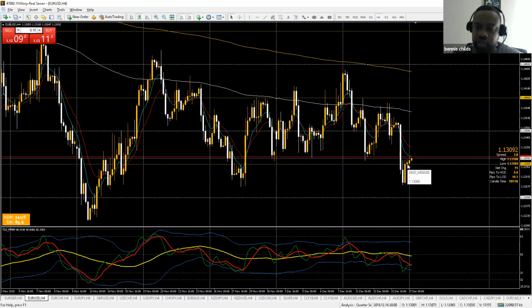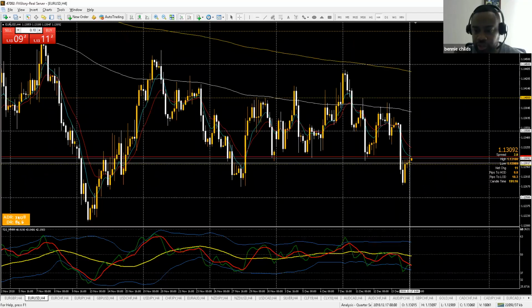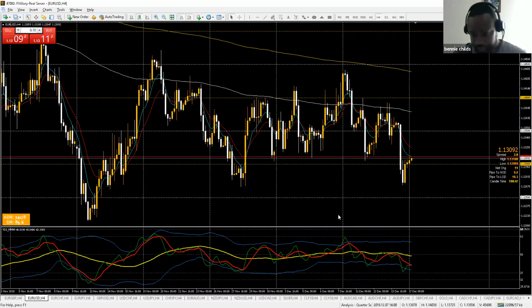If I was trading the quarter swing method last week, I would have jumped in after this candle had printed, and we still would have been in profit up until this point for 7 pips so far. 7 pips is 7 pips. If you're trading at a standard lot, that's $70.